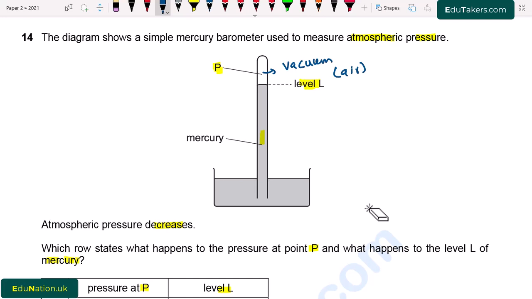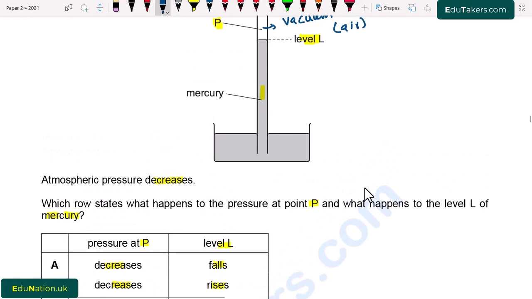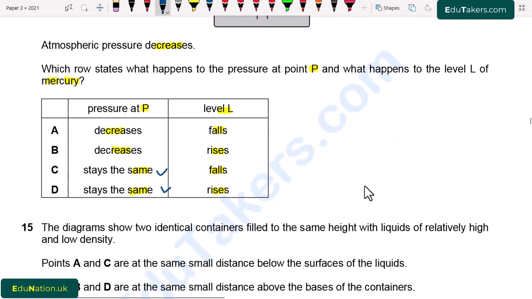So the pressure at the point P remains the same, and this is shown by the options C and D. What happens to the level at L? So when the pressure at P remains the same, the level at L falls because the atmospheric pressure decreases. So the MCQ C is correct.